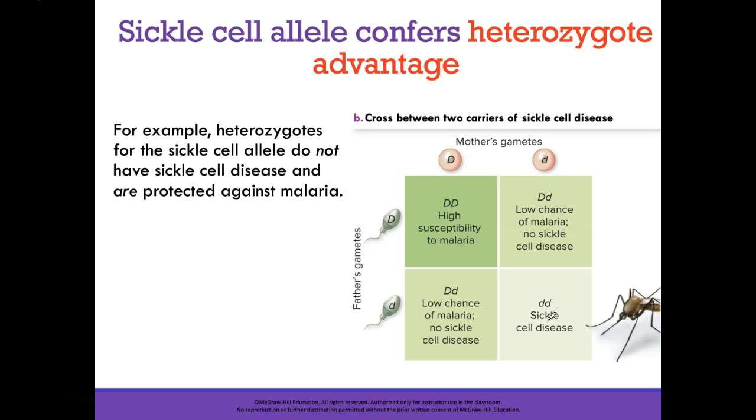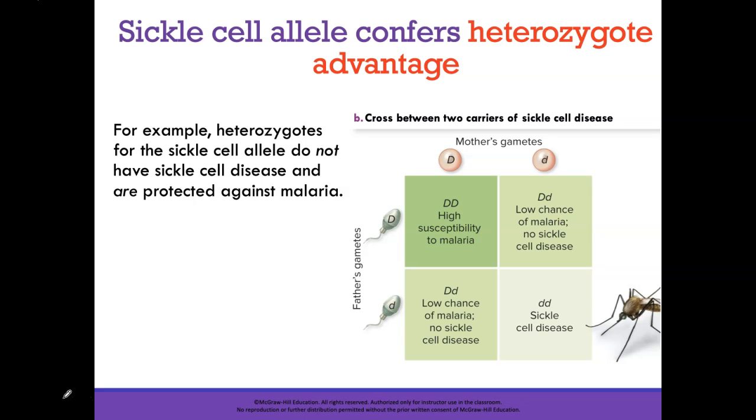If you have little d, you have sickle cell disease. And if you have big D, you have high susceptibility to malaria. So the best option is to get big D, little d. That's the heterozygote advantage. Of course, this is not advantageous if you don't have any mosquitoes that carry malaria, so it depends on your specific environment.